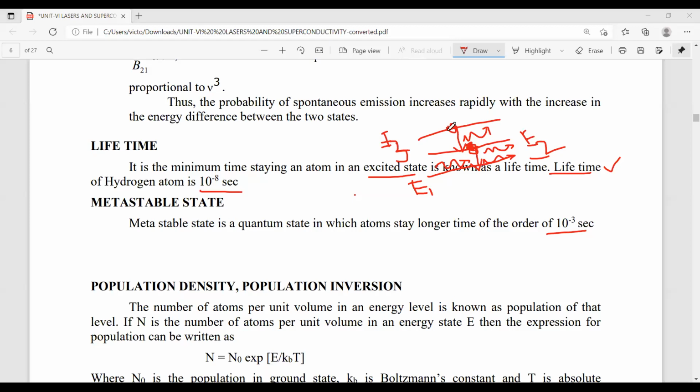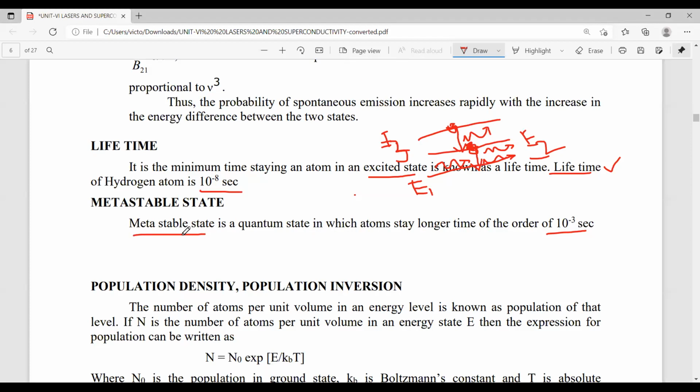So here it needs some external energy, and only then does it jump to the lower energy level and emit photons of energy. The lifetime of the atom is of the order of 10 power minus 3 seconds, so this energy level is nothing but the metastable state.